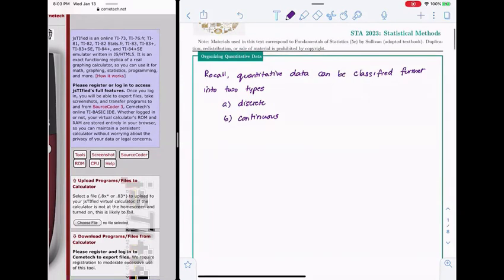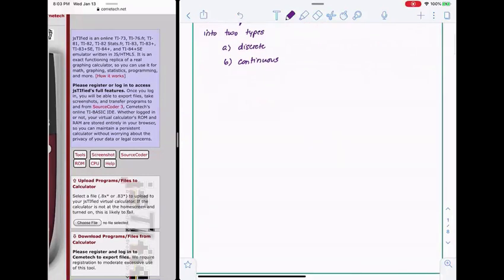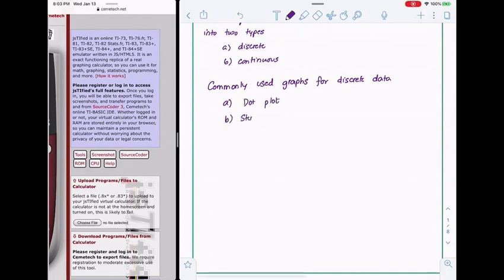So commonly used graphs for discrete data are dot plot, and we have stem and leaf plot.